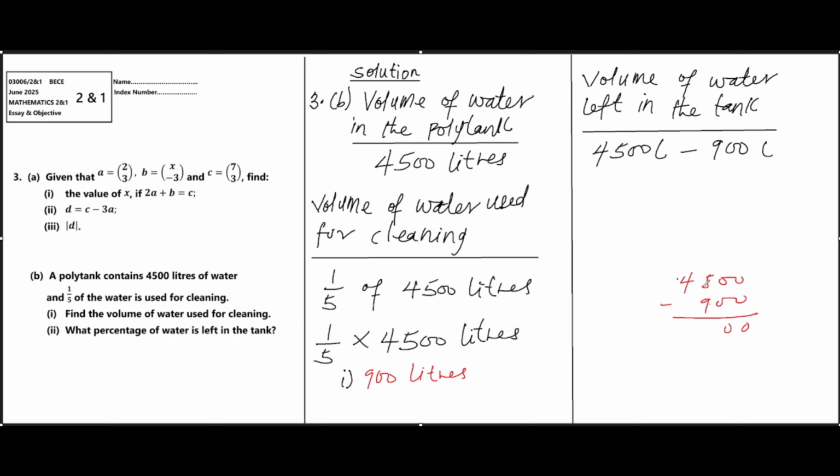So 0, 0. We borrow 1 from 4 and add it to 5. That is 15. 15 minus 9, that is 6. So we are left with 3. 3 minus 0, that is 3. So the volume of water in the tank will be 3,600 liters.